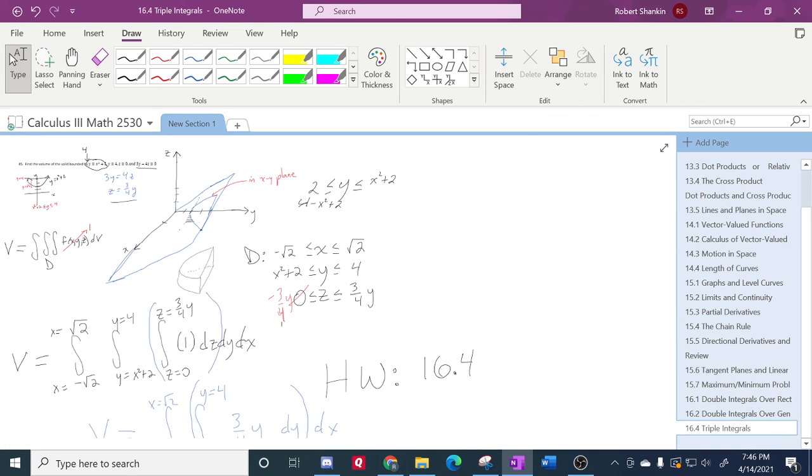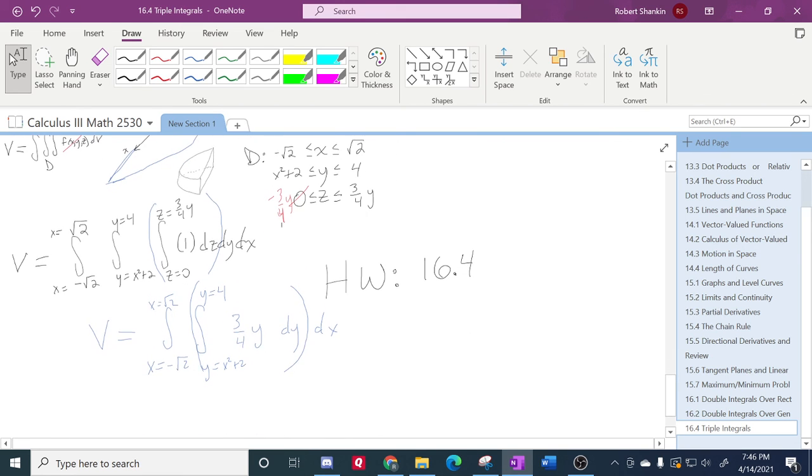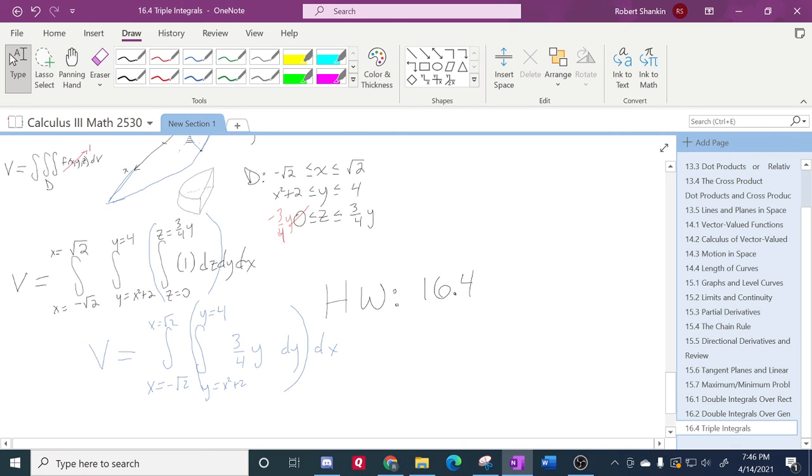The much more common use of a triple integral is something like to find the mass if you have a density function, or to find the average temperature within some region, where you could weight this with temperature and then divide out the volume, and then we'll get the average temperature. So we kind of answered that a couple ways there. All right, anything else?